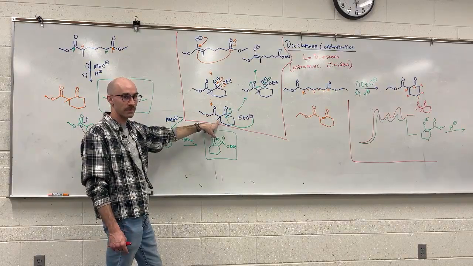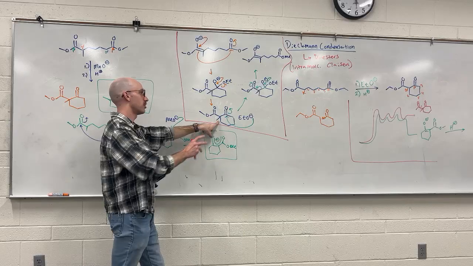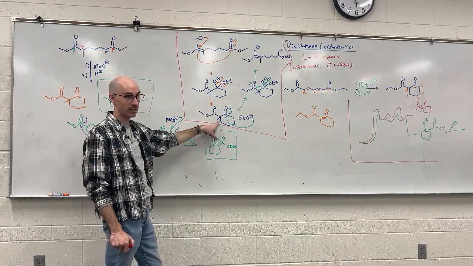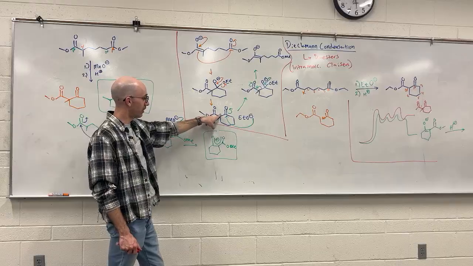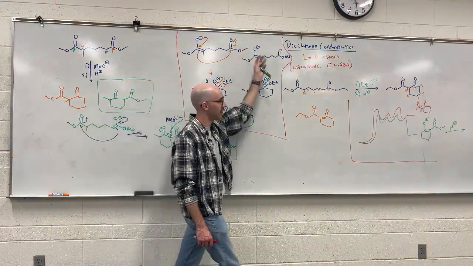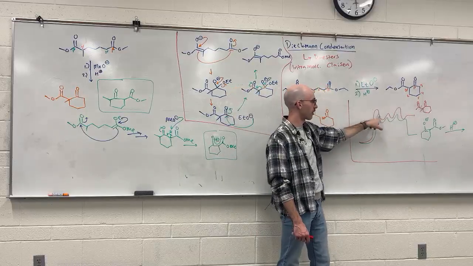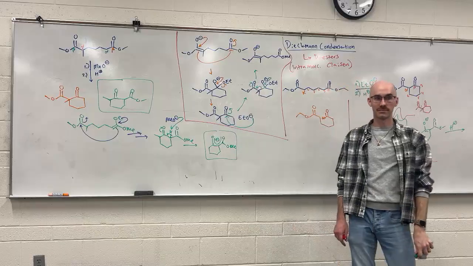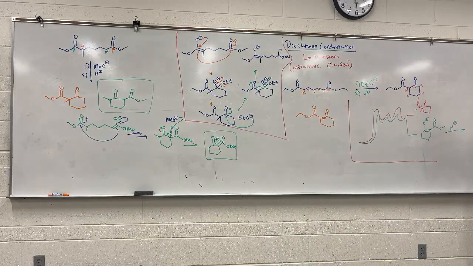According to our mechanism, after you form this, you need to deprotonate the next alpha hydrogen. There is no other alpha hydrogen. So this reverses. It is still reactive to all of the reagents that are present. There's not another alpha hydrogen because the methyl group is there? Exactly. The methyl group is there, limiting the number of alpha hydrogens. So we're not able to run substitution from that position.